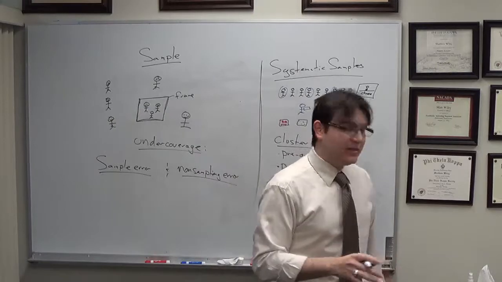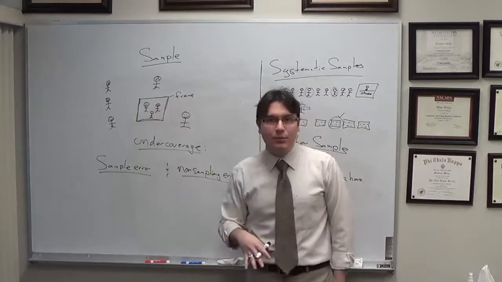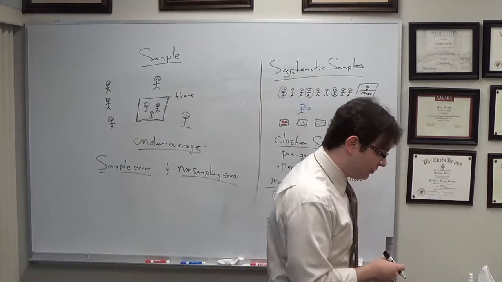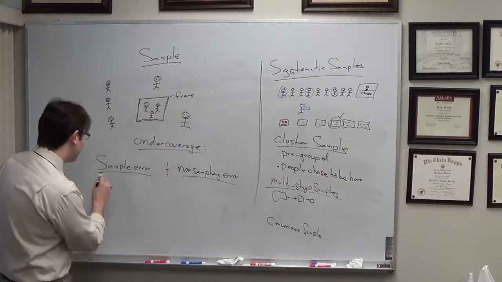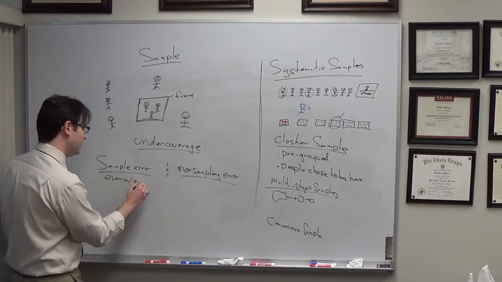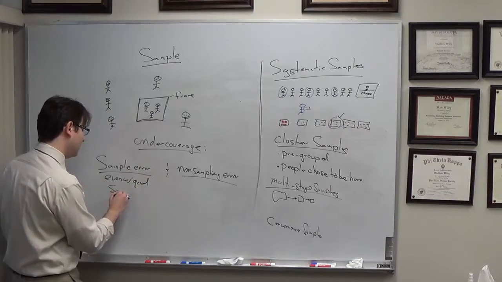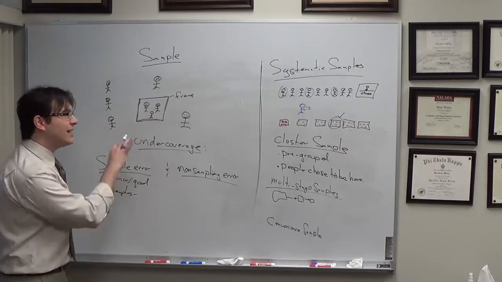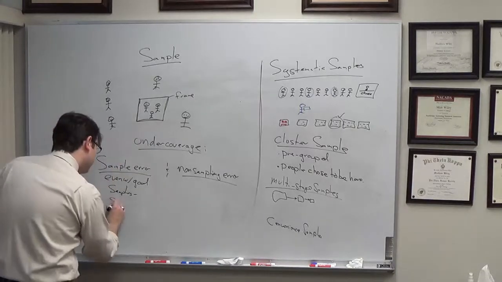A sampling error is the difference between the measurements in my sample and the world at large. So this comes even with good samples. The sample is not the population, right?